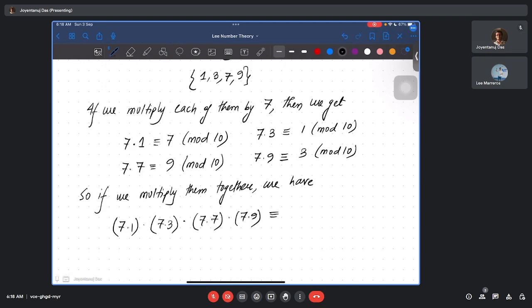So that is congruent to 1, 3, 7, 9 mod 10, right?